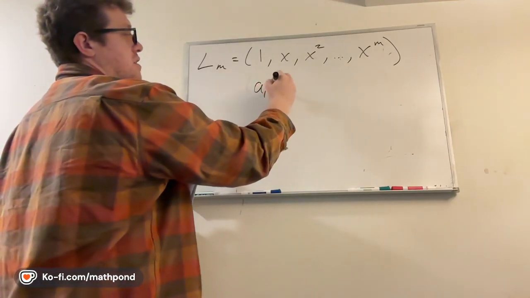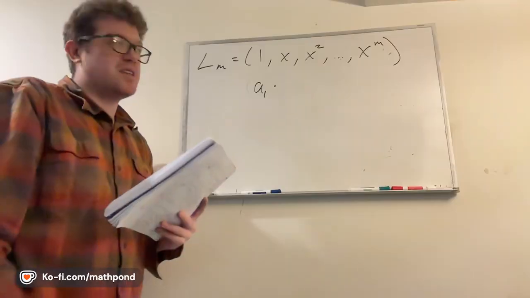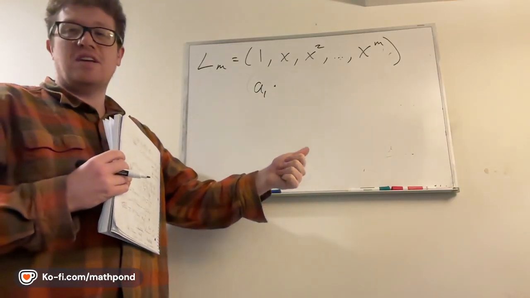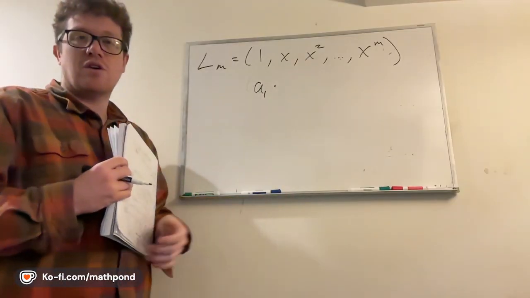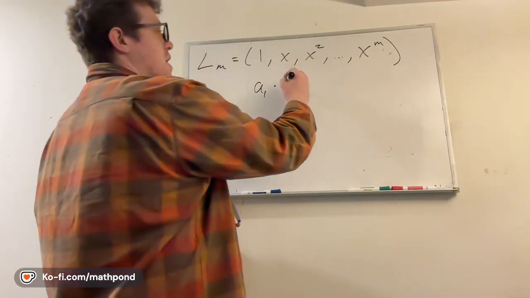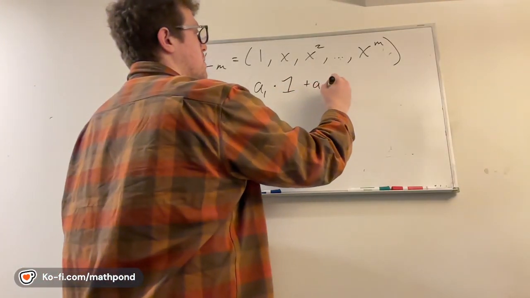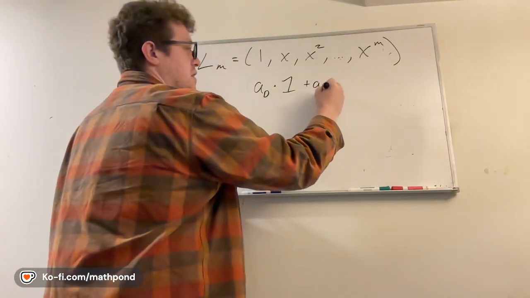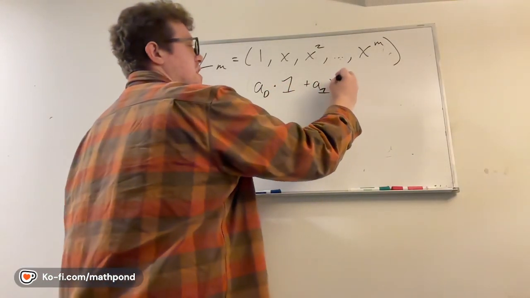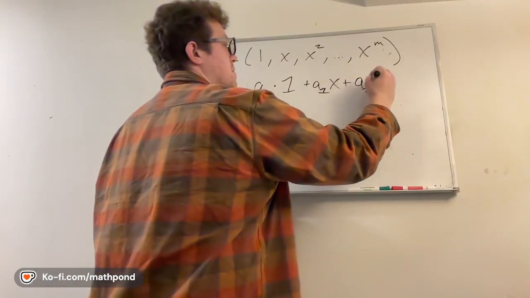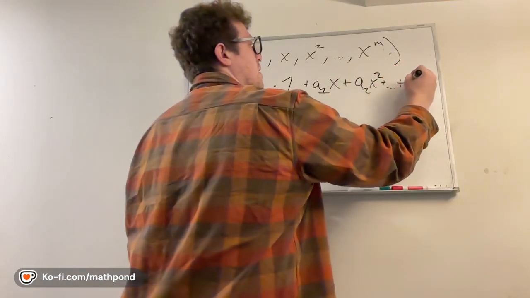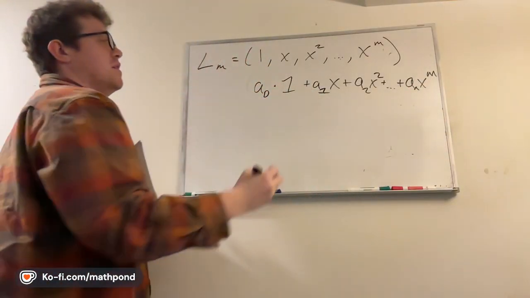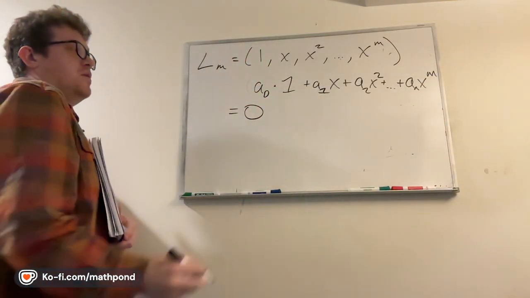Every time you see prove this is linearly independent, you automatically want to think, okay, I'm taking a linear combination, it's 0, and now I want to show all the coefficients are 0. So A0 times 1 plus A1 times x plus A2 times x squared, up to A_m x to the m, equals the 0 polynomial.